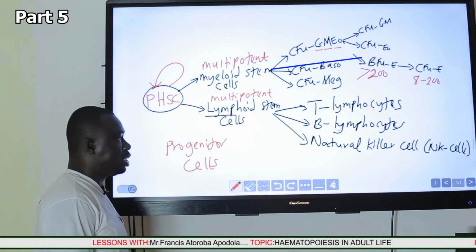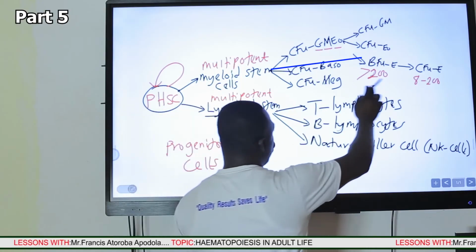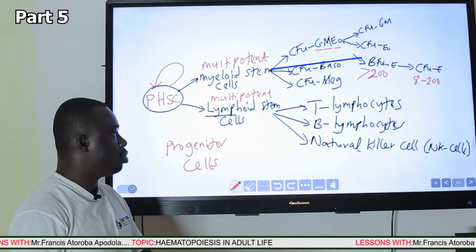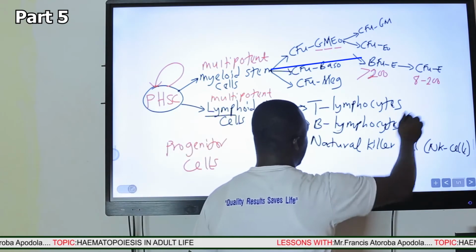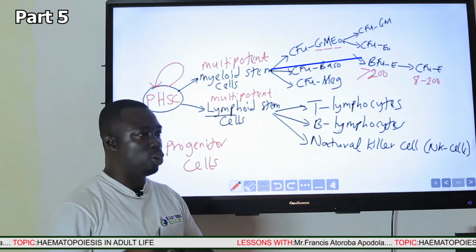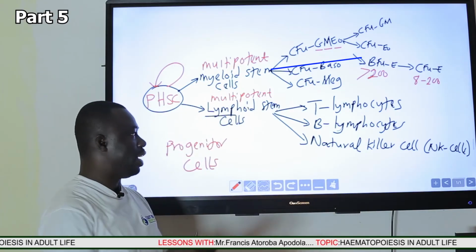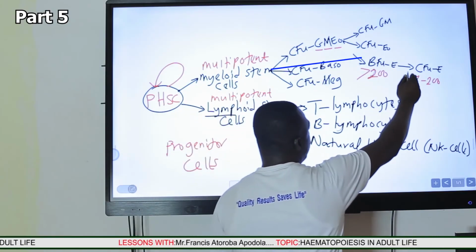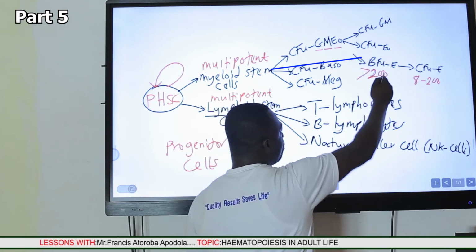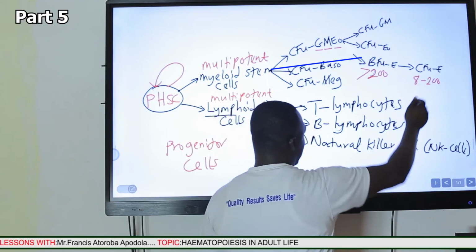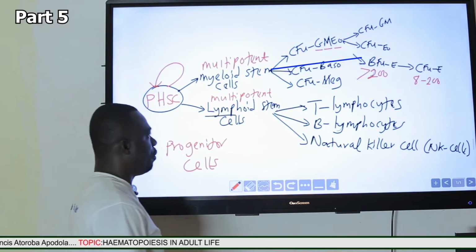Both consist of stem cells committed to the production of erythrocytes. The burst forming unit has a larger number of erythroid precursors, or normoblasts, as compared to the colony forming unit erythroid, which ranges from 8 to 200.